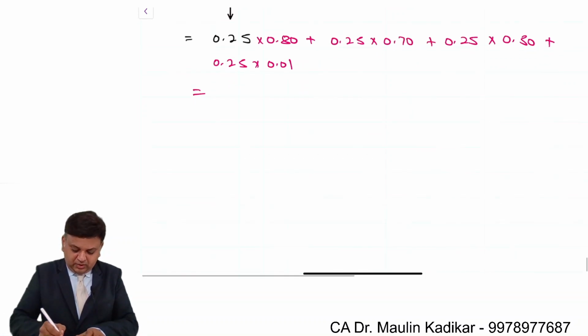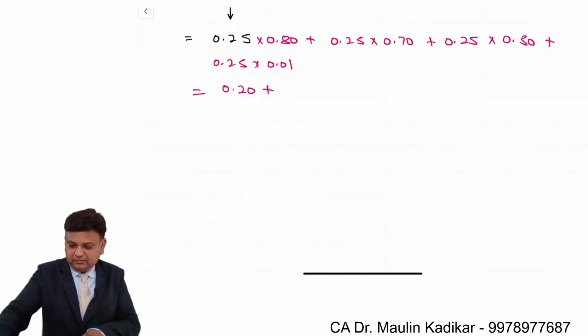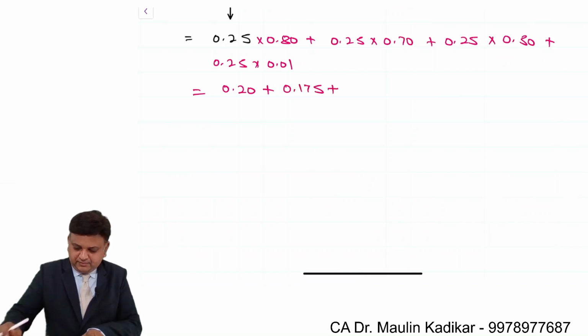So it is 0.2 plus 0.175 plus 0.125 plus 0.0025.